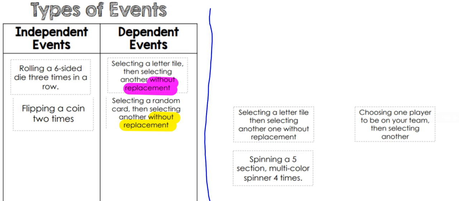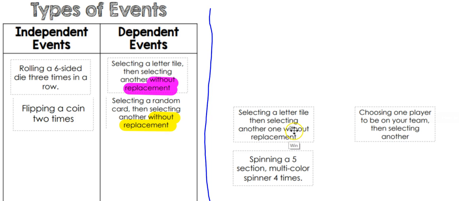My next one: selecting a letter tile, then selecting another one without replacement. Same thing as the other one, except now I have letters. Guys, I think I may have put this one in twice.